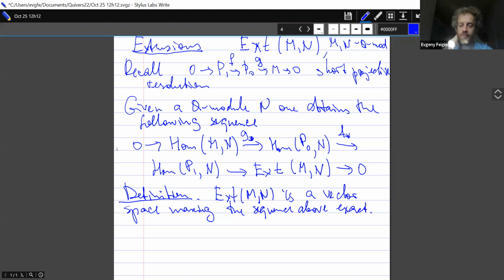Remark. Can we express this Ext space in terms of P0, P1, F, and G?